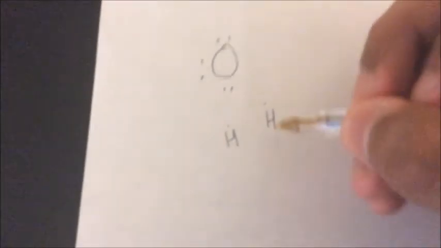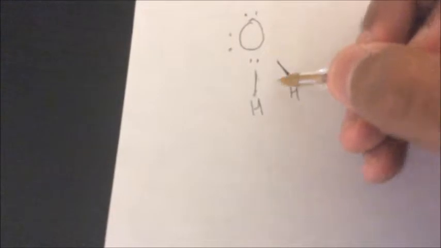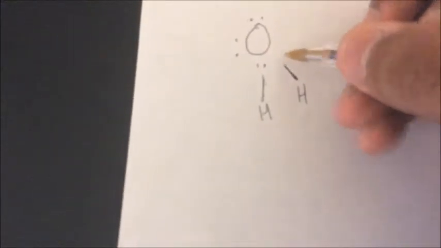Both hydrogens will form a single bond with the oxygen, sharing one electron each. So these are completed, and oxygen is getting one from here, so it's completed right there. In this case, these are single bonds, sharing 1 pair of electrons each, and that's basically what a covalent bond is.